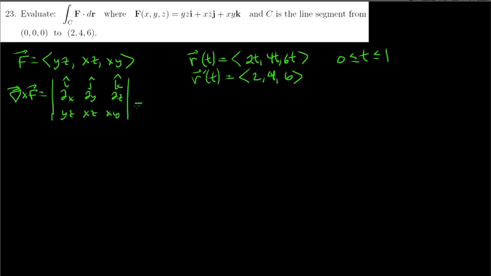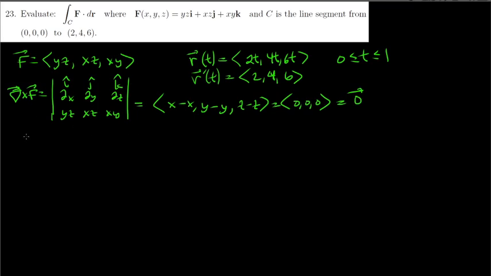We get x minus x, that's 0. We get y minus y, also 0, and z minus z, also 0. So we get 0, 0, 0. So it is conservative.